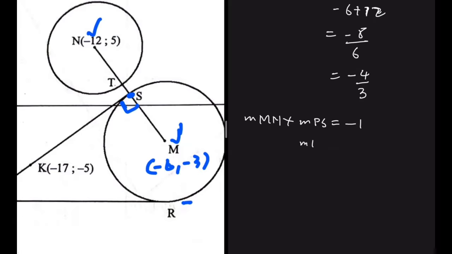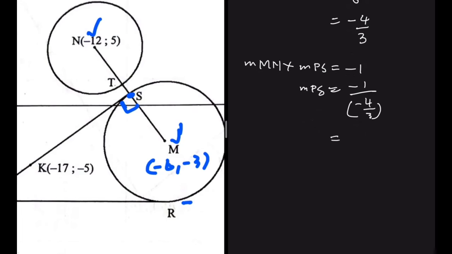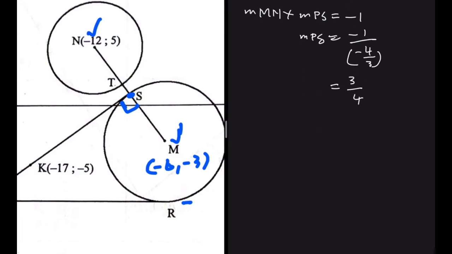So the gradient of PS will be equal to -1 divided by -4 divided by 3, right? If you compute that, you will get 3 divided by 4, right? So we're saying that now the equation of PS is 3 divided by 4 x plus c. So we just need to find the value of c, right?